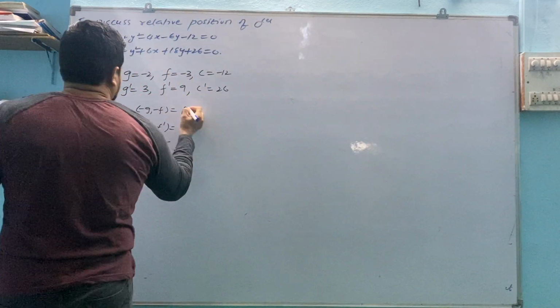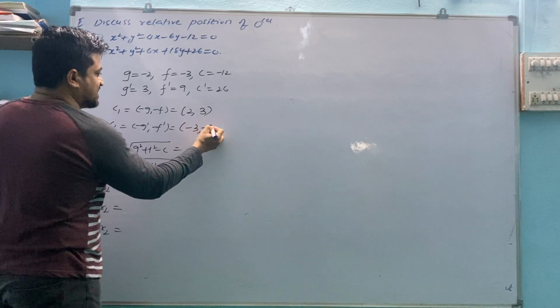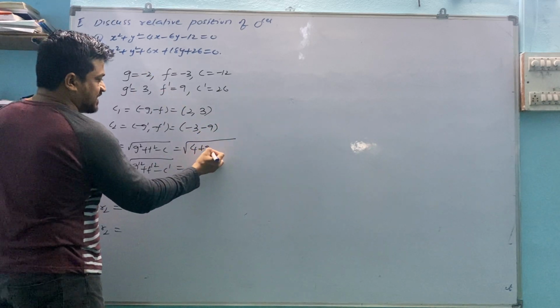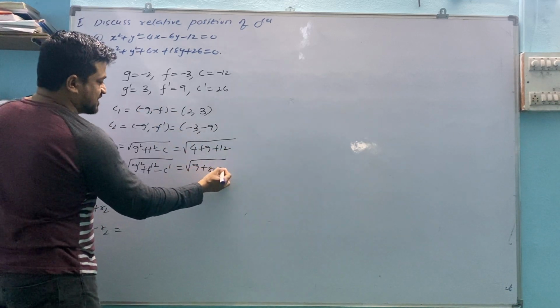Minus g, minus f, so minus g is 2, minus f is 3, minus g', minus f', root over g square plus f square minus c, root over g' square plus f' square minus c'.